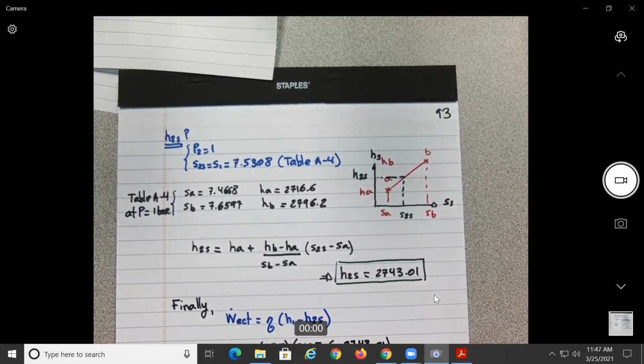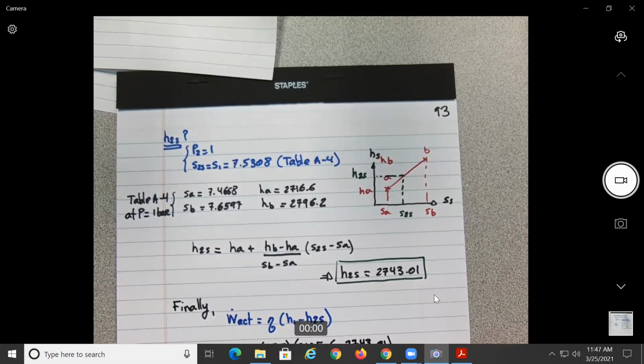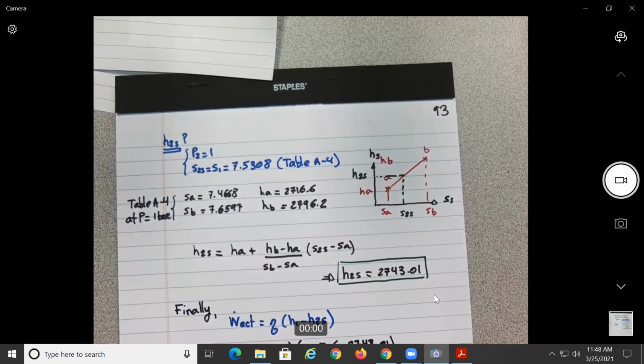We get that the actual performance of this turbine is 2,071.9 kilojoules.